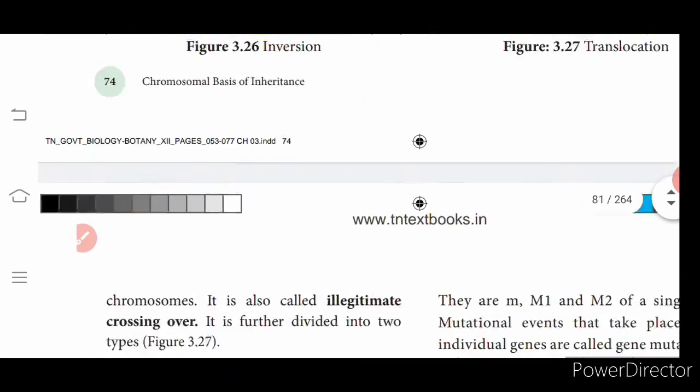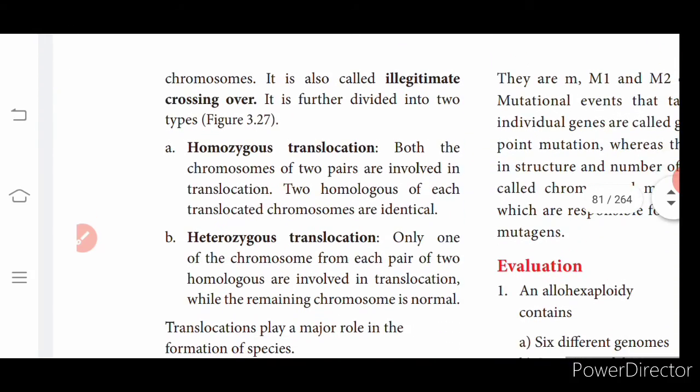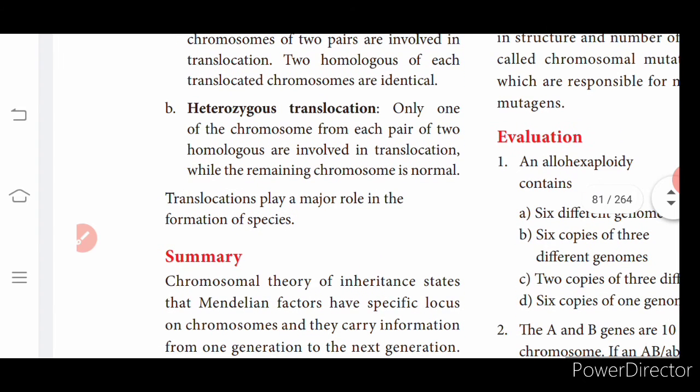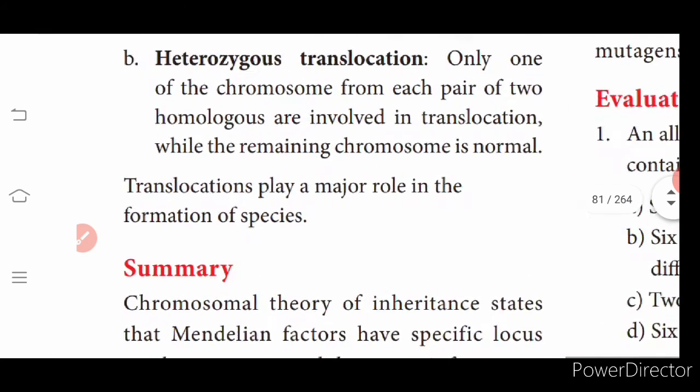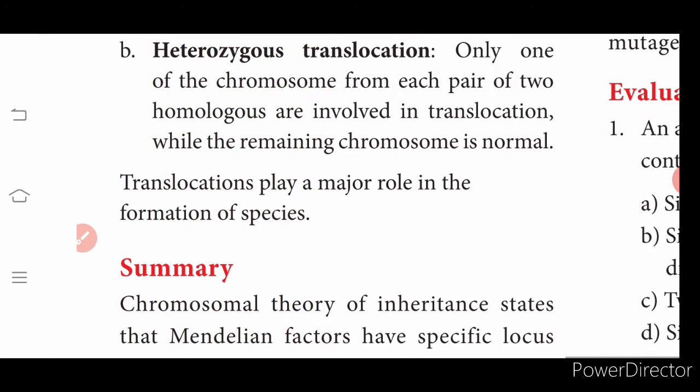Okay, so that is about translocation. Also called illegitimate crossing over. When both chromosomes of a pair are involved, it is called homozygous, and when only one chromosome of a pair is involved, it is heterozygous translocation. Translocation plays a major role in the formation of species.